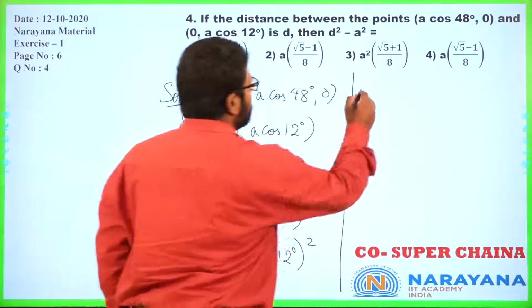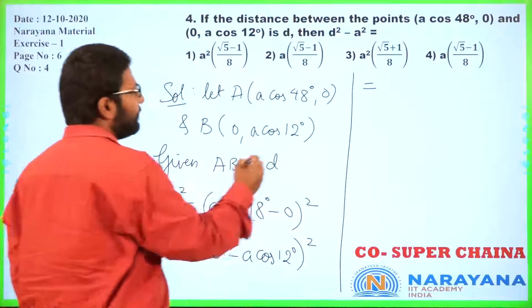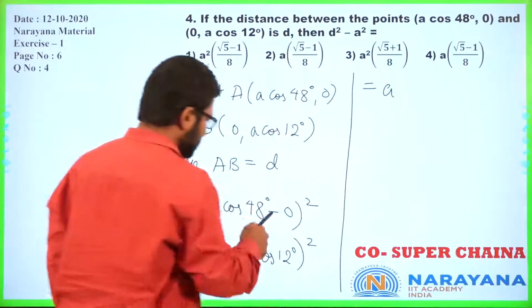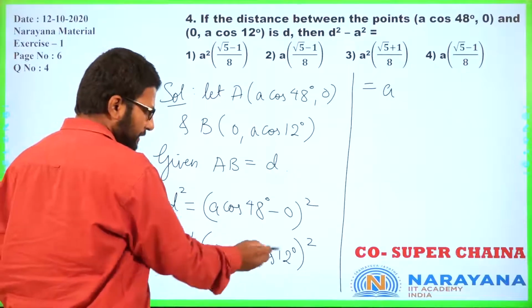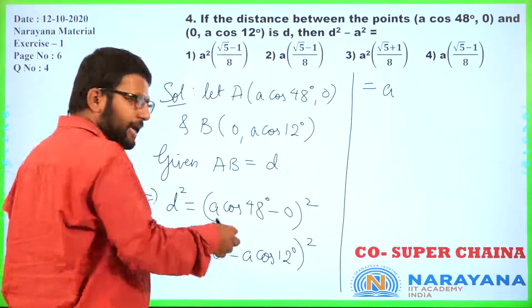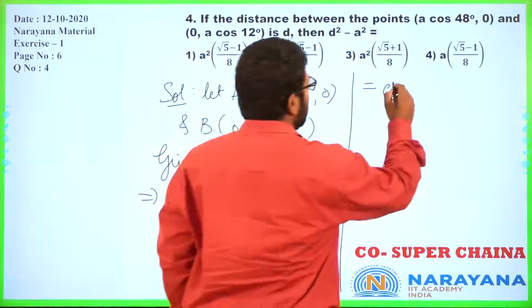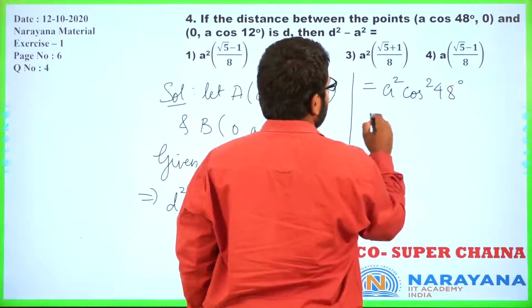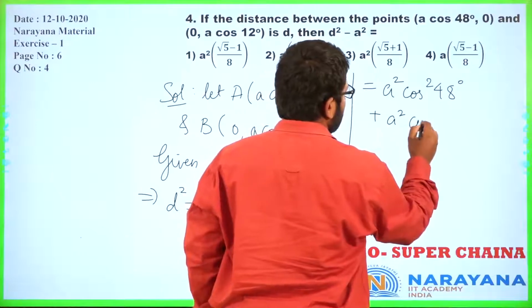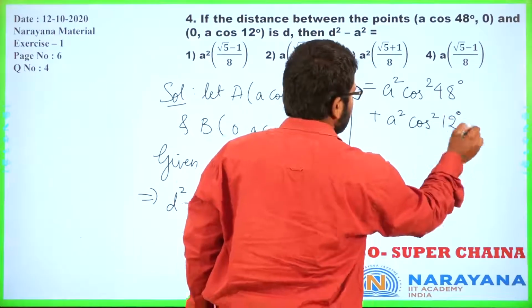Okay, so this would simplify to a square. You see the zeros, we can simply ignore them, and once again there is a 0 minus, so negative of this the whole square, again we can ignore the minus. So a square cos square 48 degrees plus a square cos square 12 degrees.